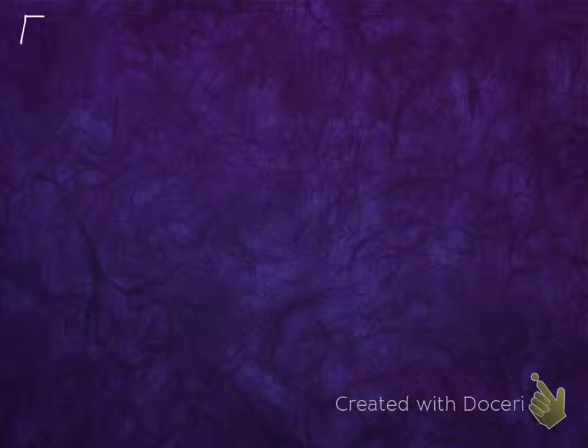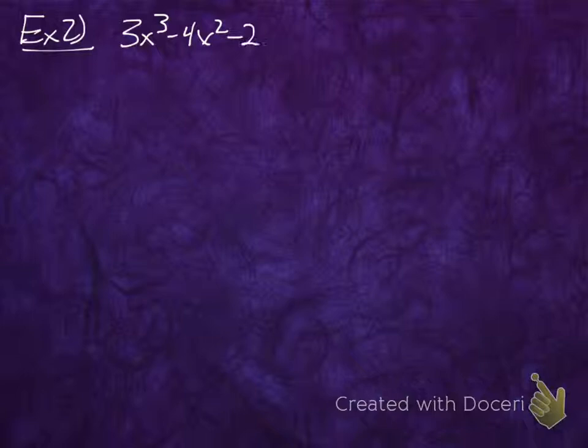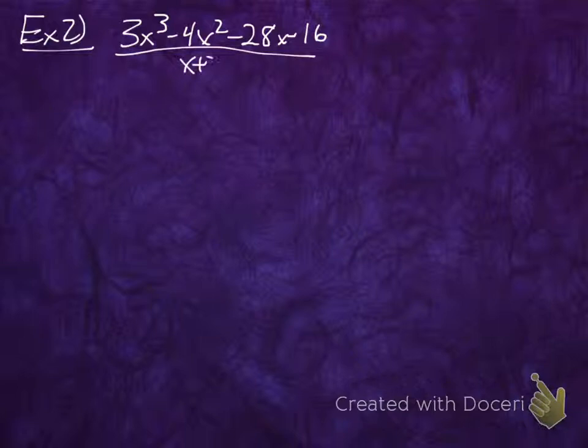So example 2. Let's divide 3x cubed minus 4x squared minus 28x minus 16 by x plus 2.